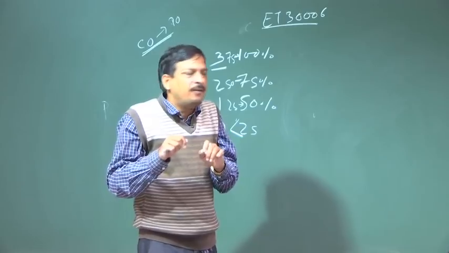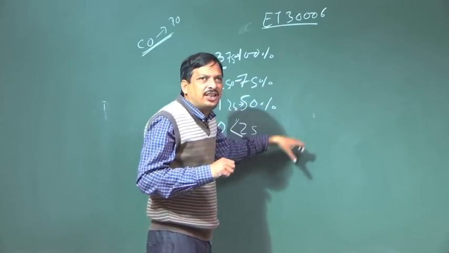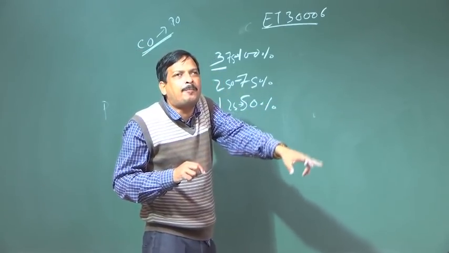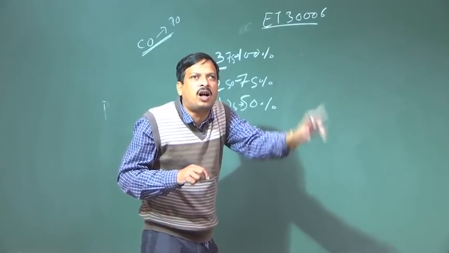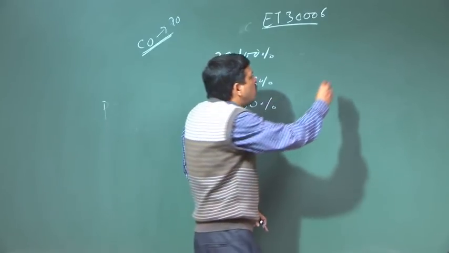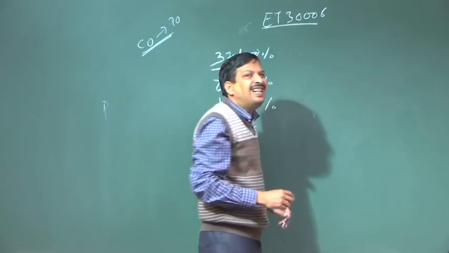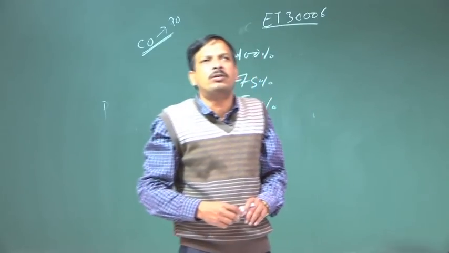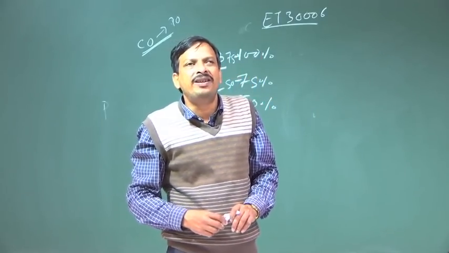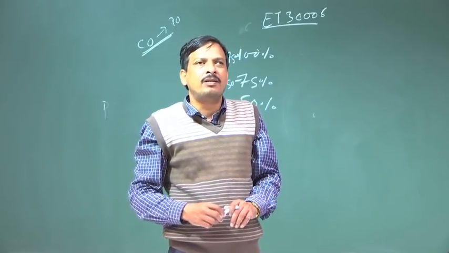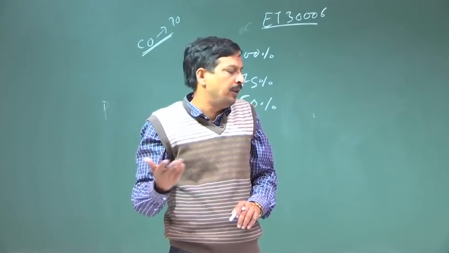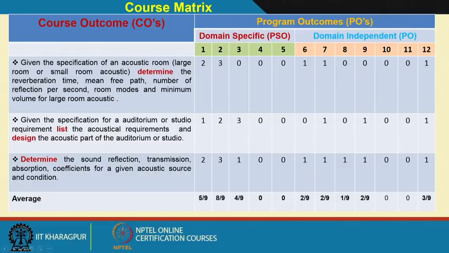While I am developing the course outcomes in the students, I am also developing domain independent skills in them: communication skill, ethics, lifelong learning. So, I can say my course outcome contributes to communication skill, ethics and lifelong learning in some way.